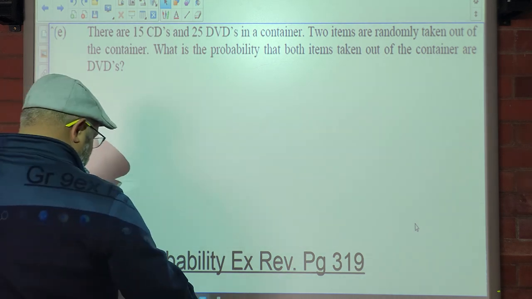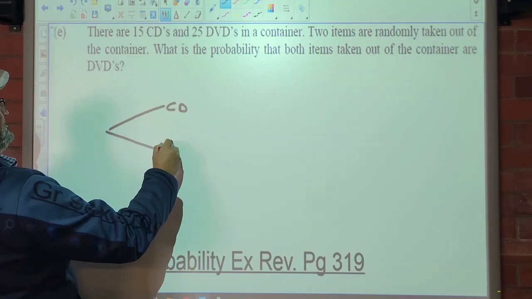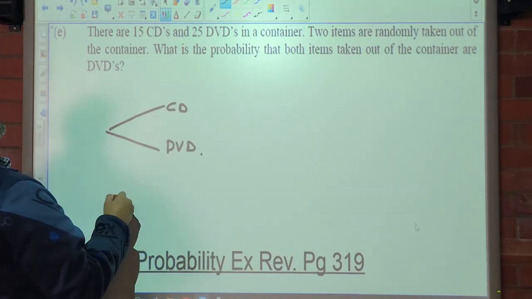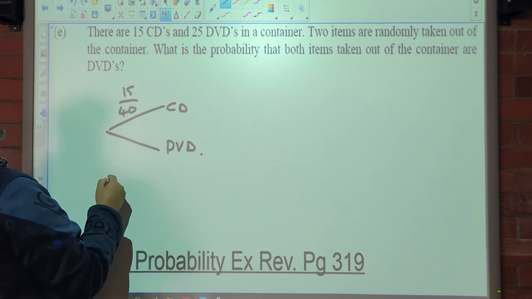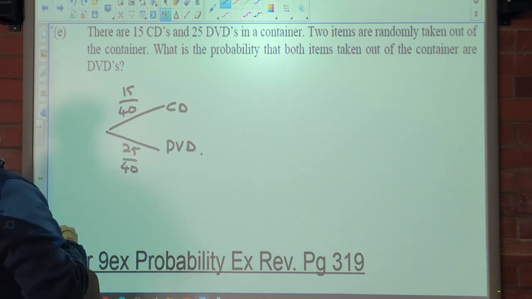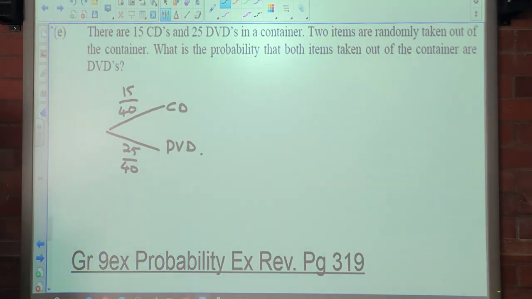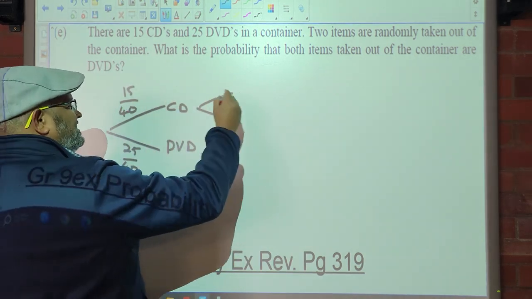Okay. So you've got CDs and DVDs. How many CDs are there? 15 out of 40. DVDs? 25 out of 40. Now, if I take a CD out first, what's the probability of drawing a CD on your second draw?